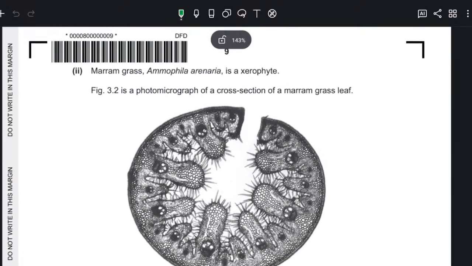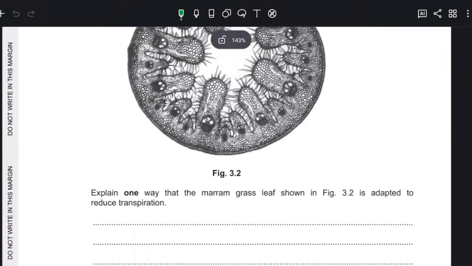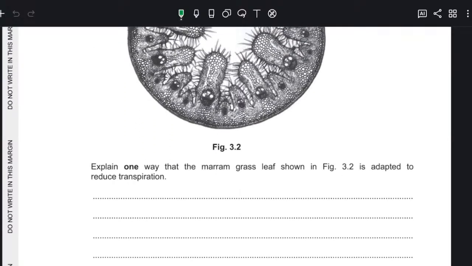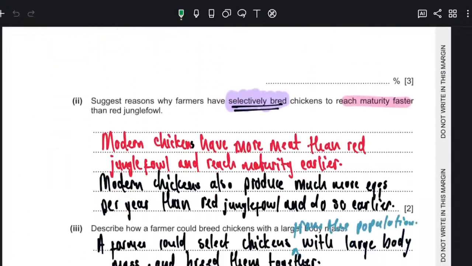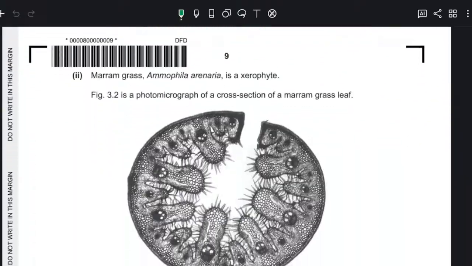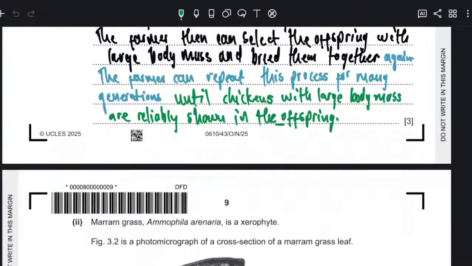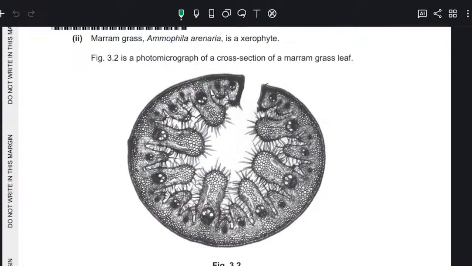Same leaf again. Xerophyte, yes. Explain one way this leaf is adapted. We've seen this diagram before. Come on now. So this is nothing new, eh? Tell us one way that this is adapted. Here we did the first three, and this is a different page completely, by the way, for all those who want to know.